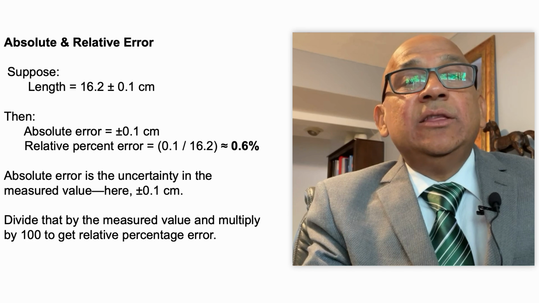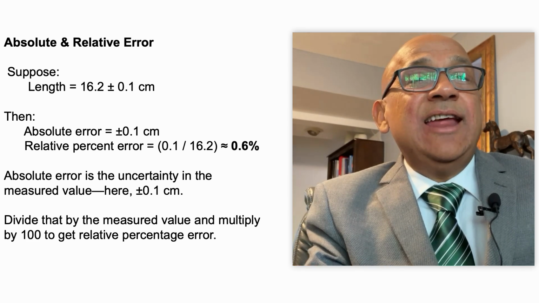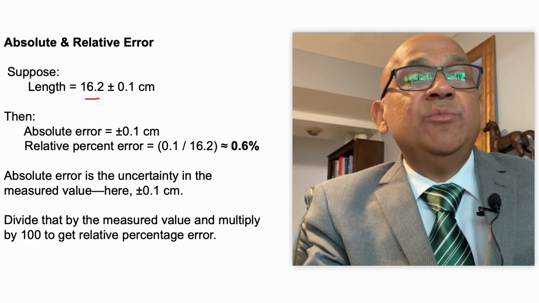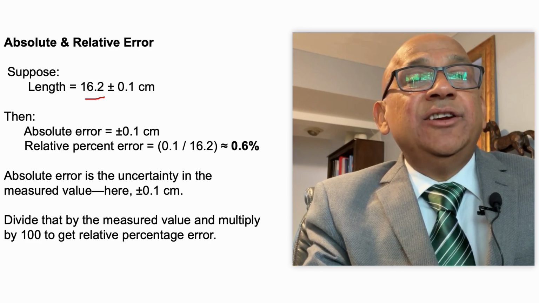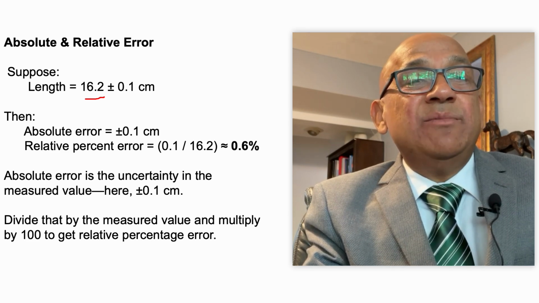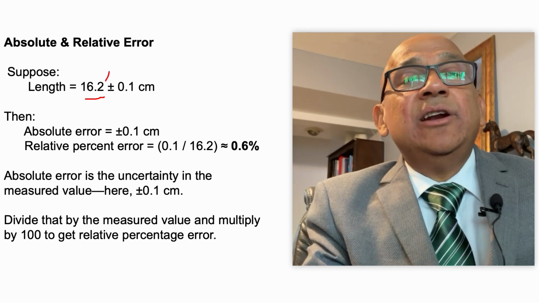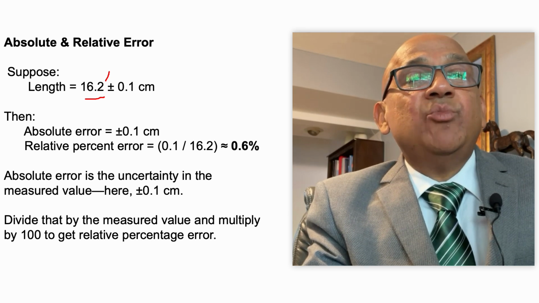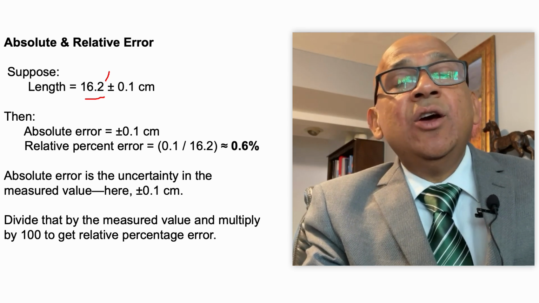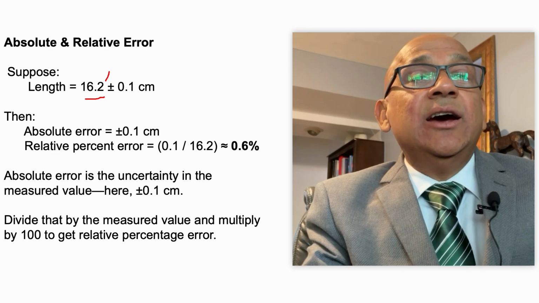Suppose you are measuring the length of an object and the length comes out to be, say, 16.2 centimeter. Then the last digit, the 2 digit, is always uncertain, and this can be uncertain by 0.1. So 16.2 can be 16.1 or it can be 16.3.